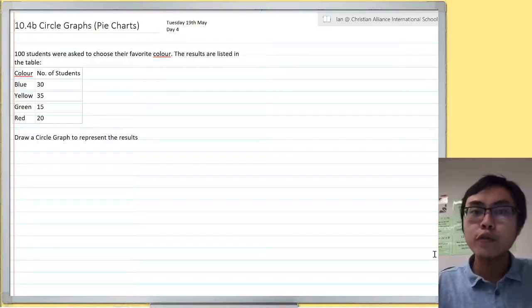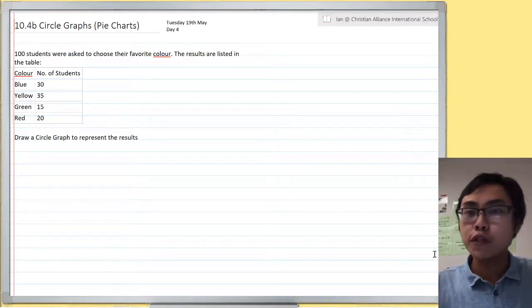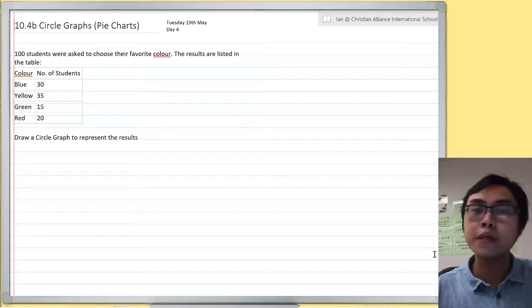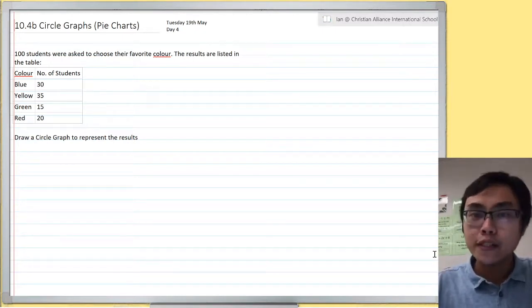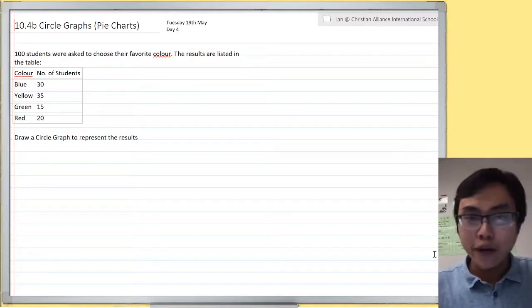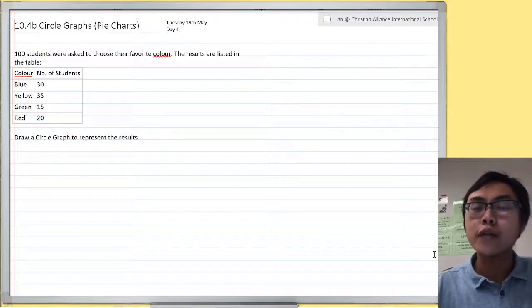So we need to turn these numbers into a fraction, and then multiply that fraction by the whole circle, which has 360 degrees. Then we will get the angle that is needed to draw a circle graph. If you don't understand what I just said, doesn't matter. Let's start from the question and look at how to actually draw it.